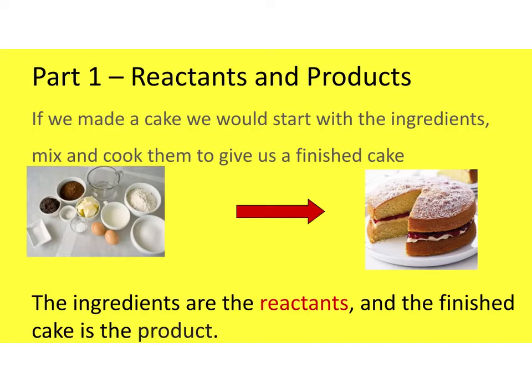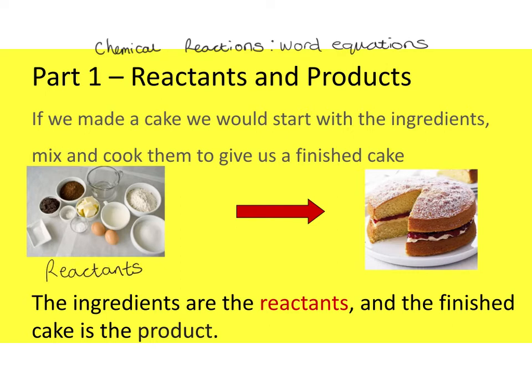Okay, so the next thing we're going to look at is forming chemical reactions. This can also be known as word equations. Whenever we're forming or thinking about word equations, we want to think about the reactants and the products.